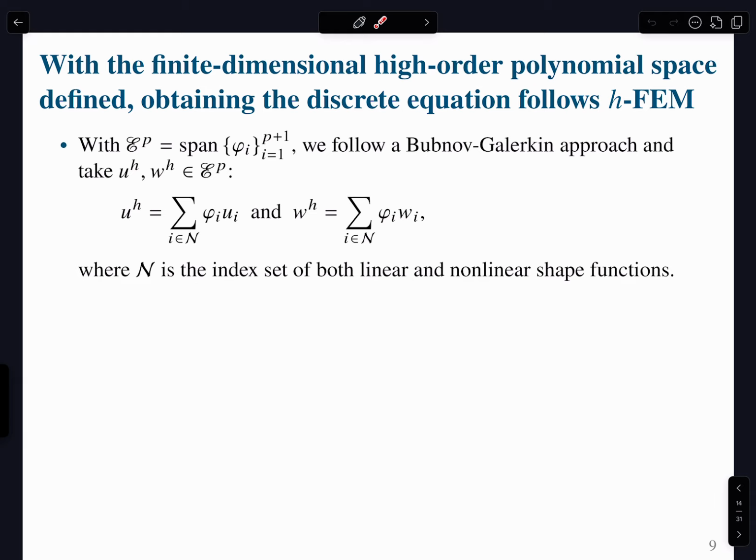When I want to express, for instance, my trial solution in one element, if you remember, in matrix form it was phi row vector multiplied by u column vector. And the size of phi for a linear element?